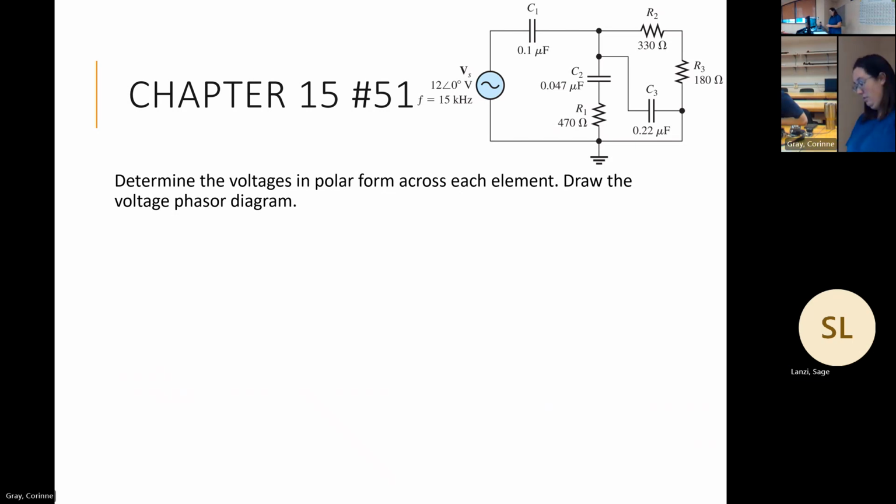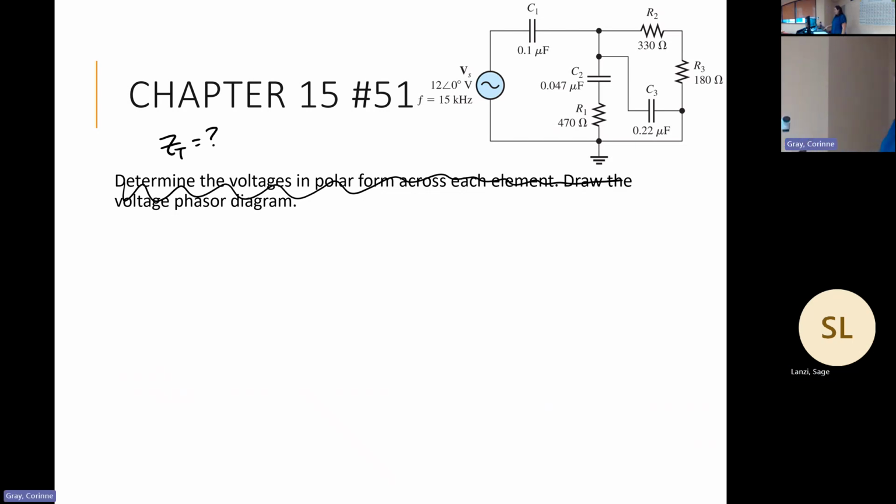So instead of doing all of this, what is ZT? I just want to discuss the circuit diagram and how we want to block this out, because there are a couple of different methods to block this out.